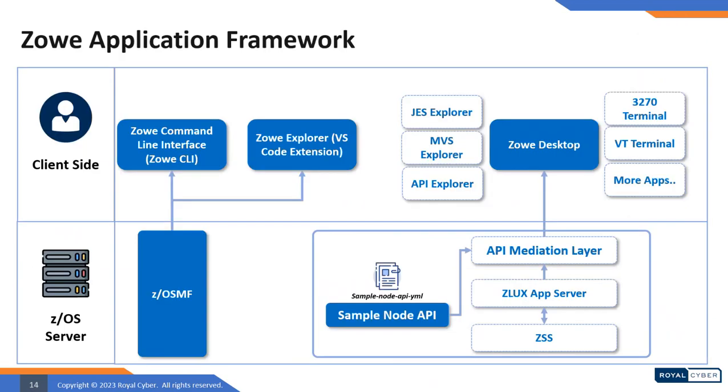Zowe comes with a framework that has server-side components as well as client-side components. You need to have installers installed on the server as well as the client side. On the server side, on the mainframe host z system, we need to install some components.